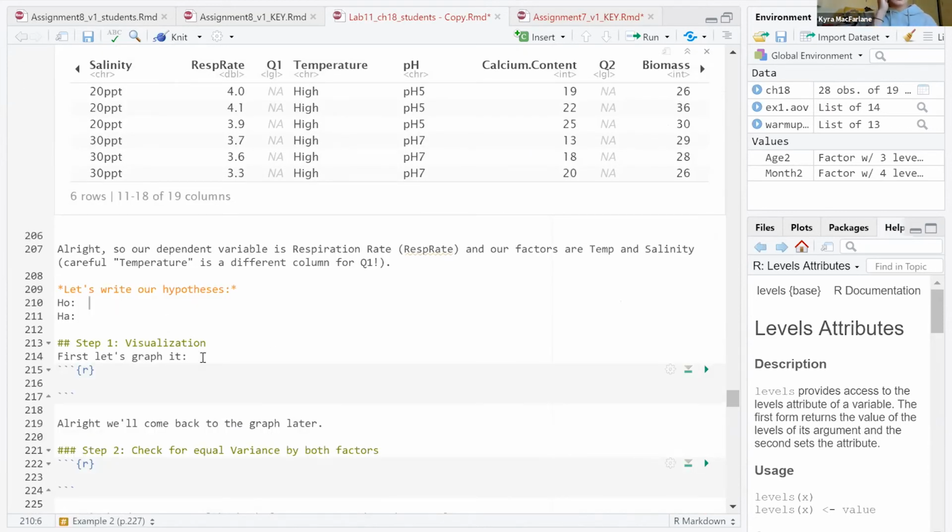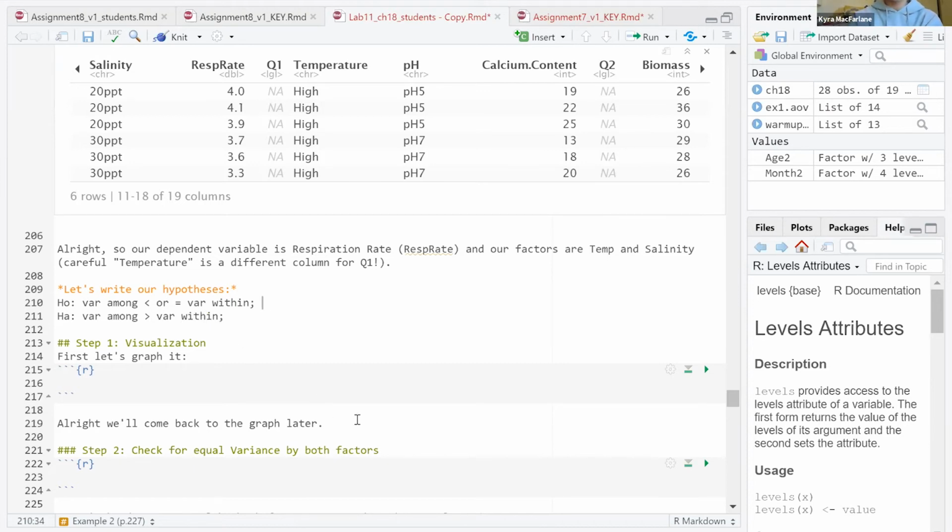So let's write our hypotheses. The hypotheses are the same, remember, for all of these ANOVAs, that our variance among is less than or equal to our variance within, and that our variance among is greater than our variance within for the alternative.